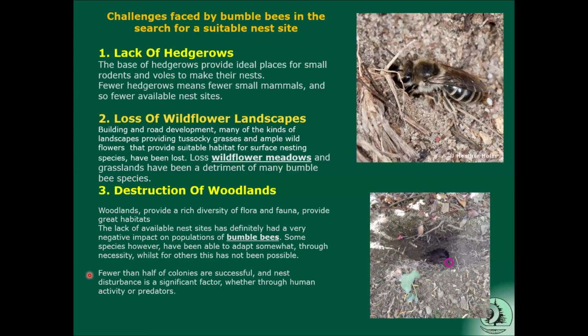So leave your grass before you mow it that first time, leaving those wild areas, those brush heaps, so they can fully go out their cycle and overwinter. And of course, it's all lack of habitat, lack of hedgerows, loss of wildflower landscapes, and destruction of woodlands that are really creating a difficult place for our pollinators to overwinter.